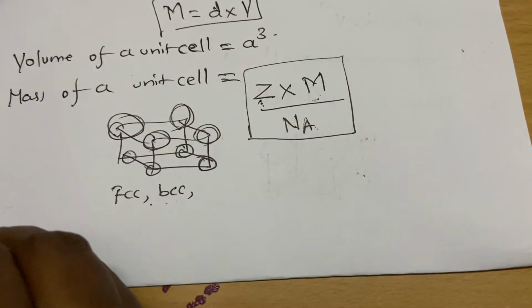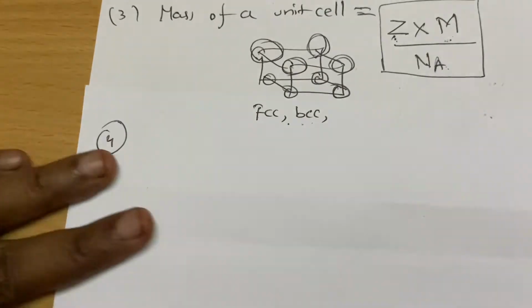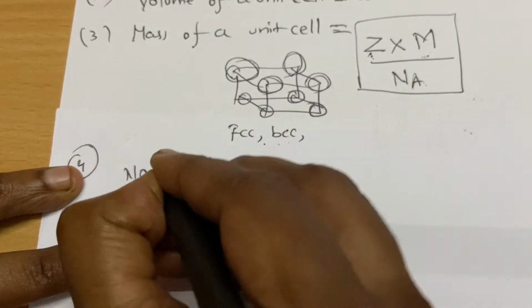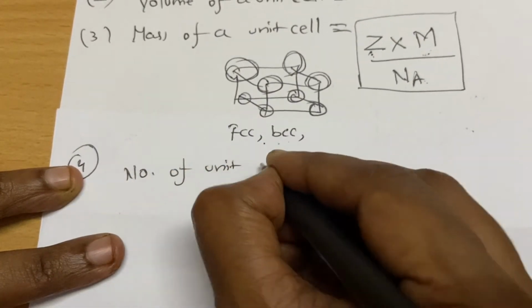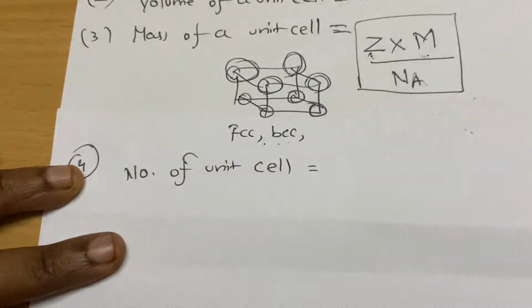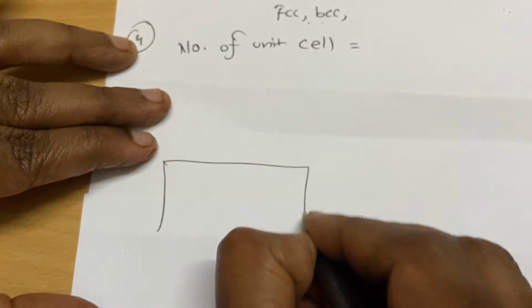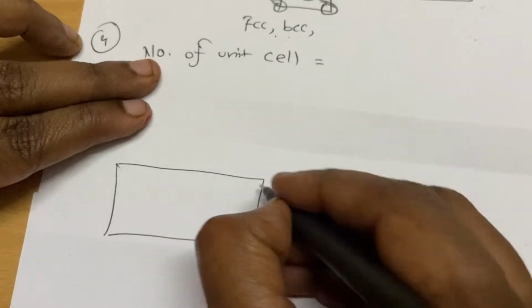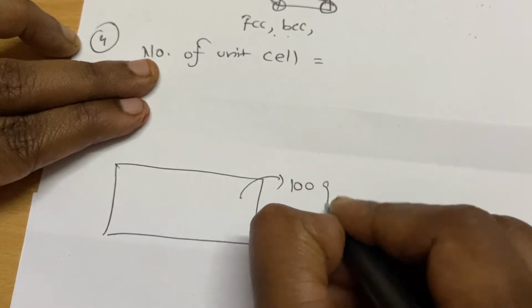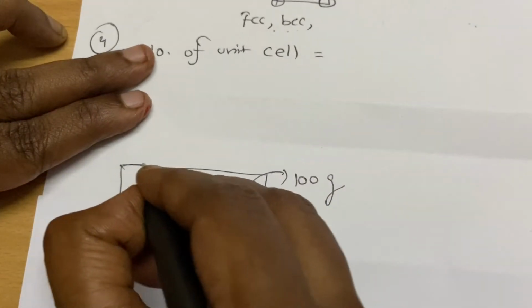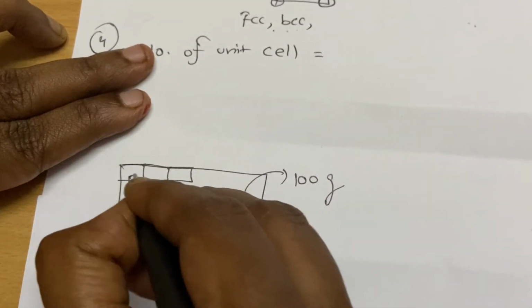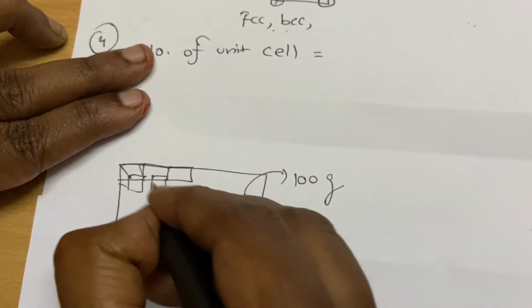And one more important thing: the number of unit cells will always be asked. We are going to use two formulas. If the mass of an element is given, suppose it is 100 grams, there will be so many unit cells in it.